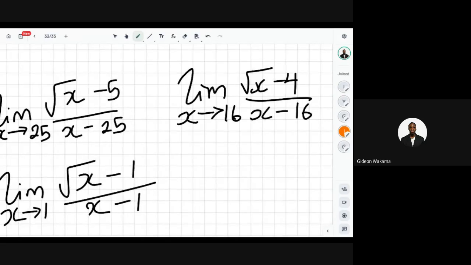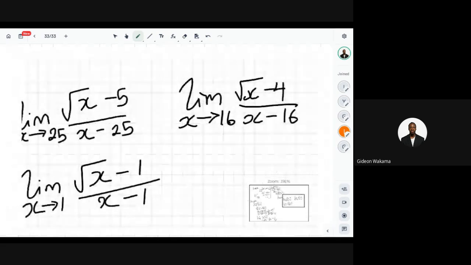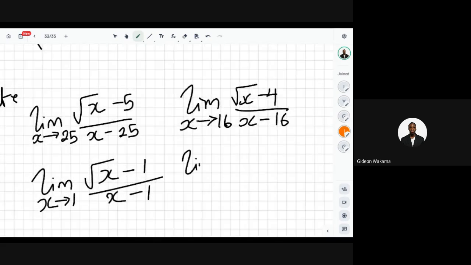And then another person should do the limit of x minus 4 over root x minus 2, as x is approaching 4.